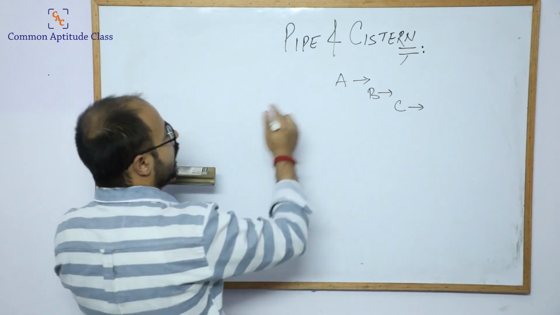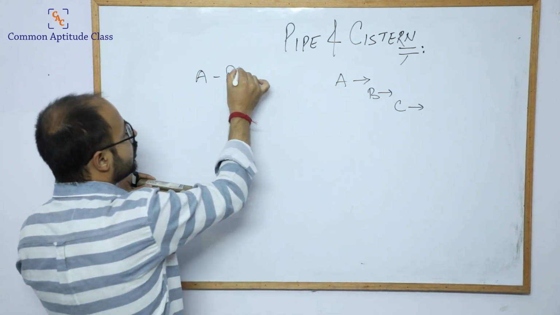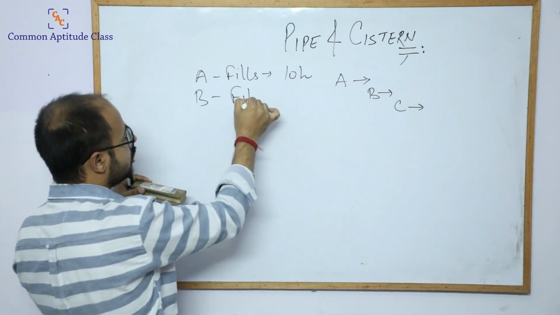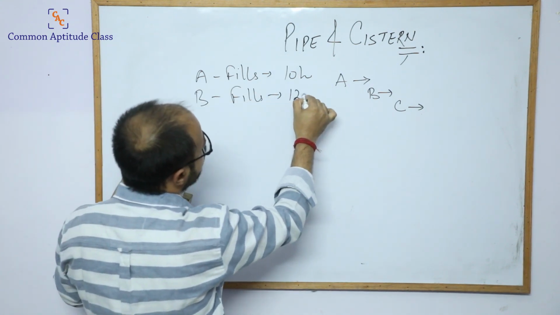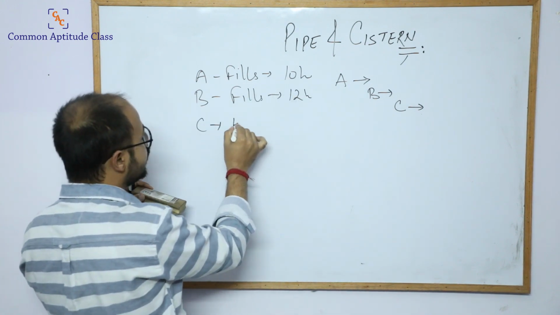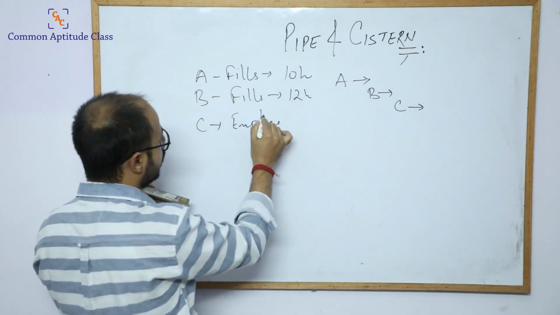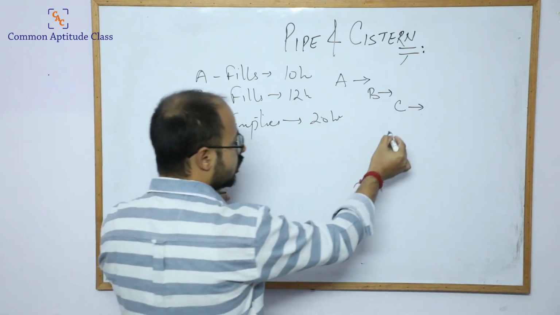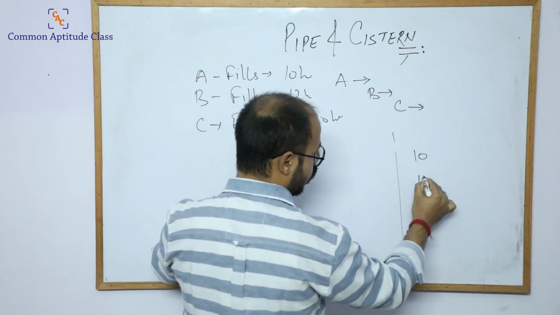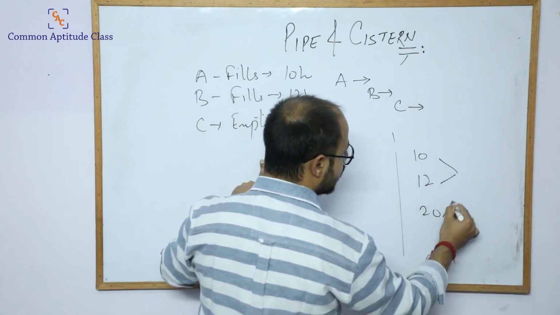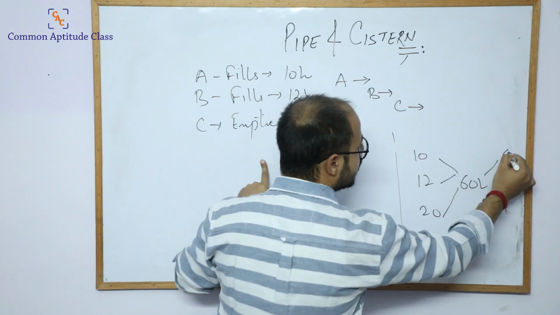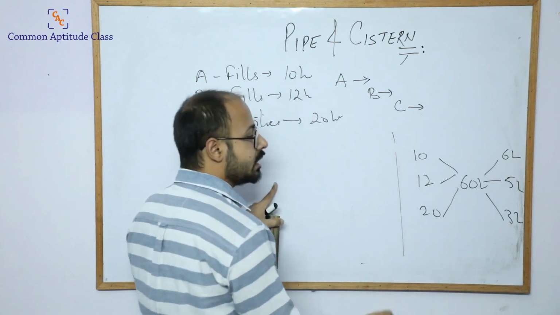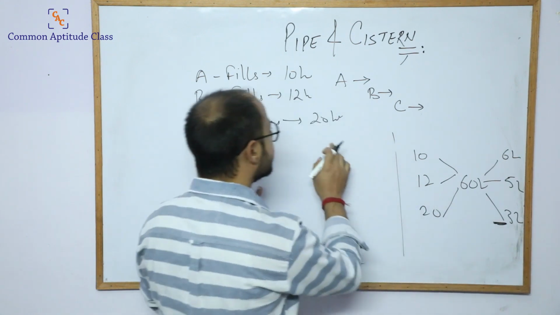A fills in 10 hours, B fills in 12 hours, C empties in 20 hours. Now take the LCM again: 10, 12, 20, LCM is 60. Now 6 liters, 5 liters, 3 liters, but 3 liters is negative because it is emptying the tank.